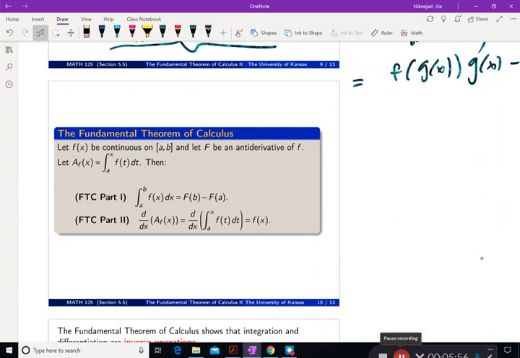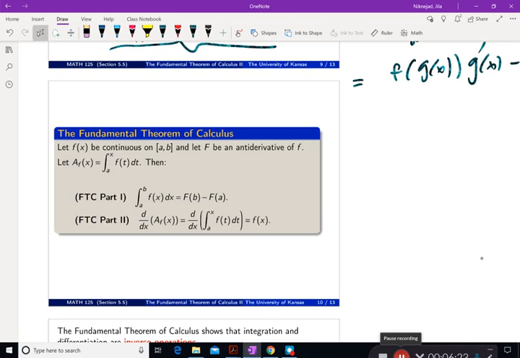So let's review the fundamental theorem of calculus. Let f be a continuous function on [a, b], and let capital F be an antiderivative of lowercase f. Then A sub f of x, the cumulative area function, is the integral from a to x of f of t dt.